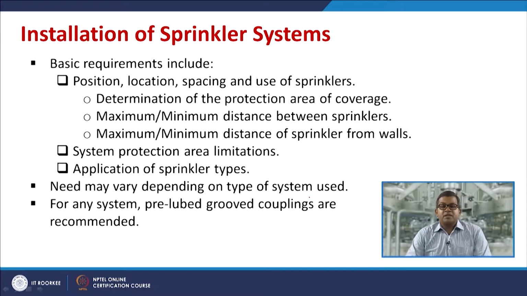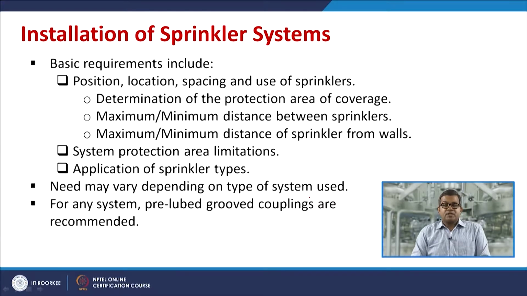Then you need to find the maximum and minimum distance of the sprinkler from the wall, because you have to prevent certain dead zones. Now there are certain system protection area limitations, because you cannot install certain sprinklers in certain areas where things are more difficult to control.